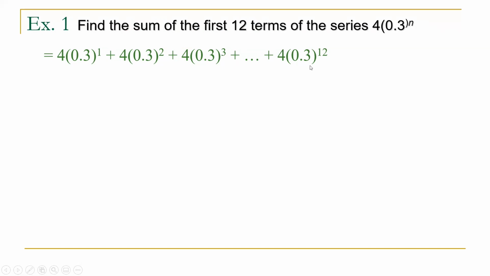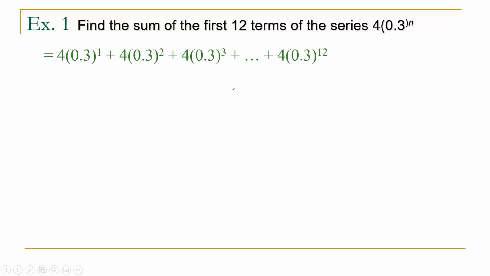Okay? So lagyan na lang natin dito ng ellipsis and hanggang sa 12 terms. So ang gagawin natin dyan, kung imamano-mano natin, imumultiply muna natin yung 4 times 0.3 raised to 1, and ito naman same lang din hanggang sa 12.